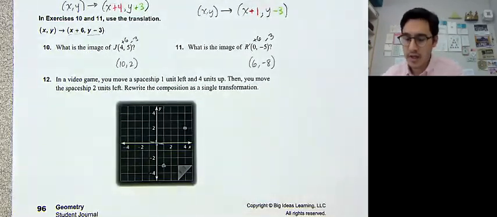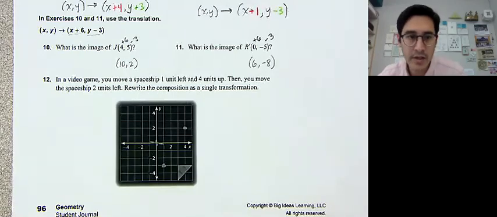All right. Our last question here has some context behind it. In a video game, you move a spaceship 1 unit left and 4 units up. Then you move the spaceship 2 units left. Rewrite the composition as a single transformation.